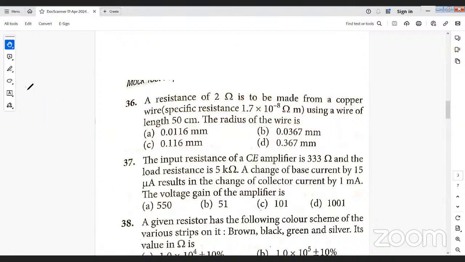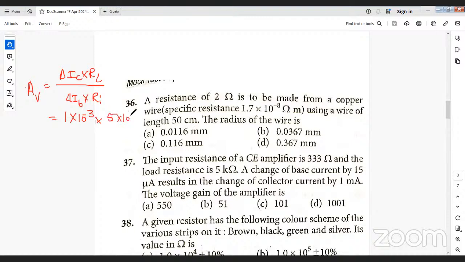So very simple question. If you remember the voltage gain formula, in case of the CE amplifier, the voltage gain is given by delta IC, the current through the collector, into the load resistor, divided by delta IB, the current through the base, into RI. So this is equal to 1 into 10 raised to minus 3 (milli), then into the RL value, which is 5 kilo.